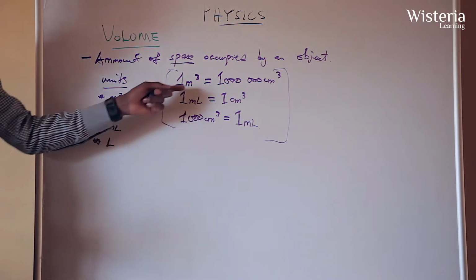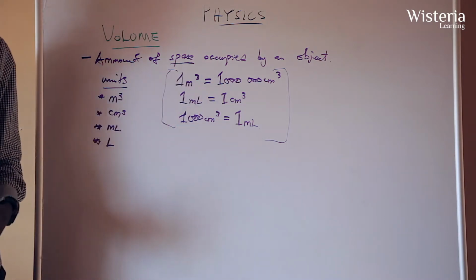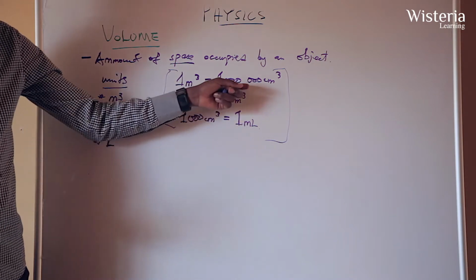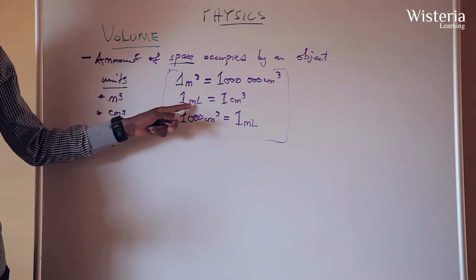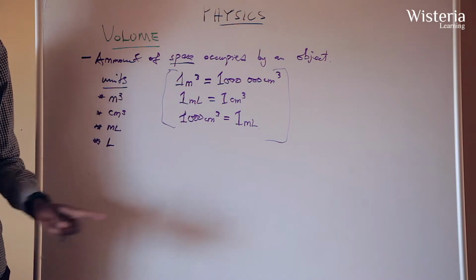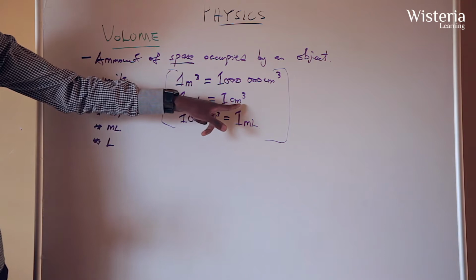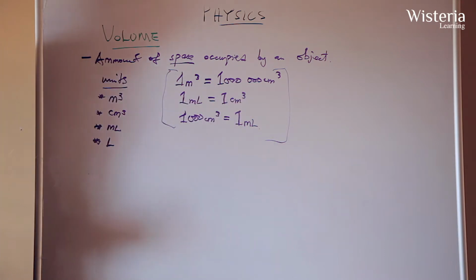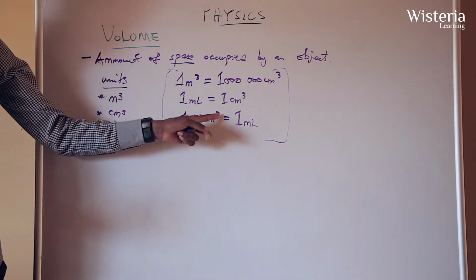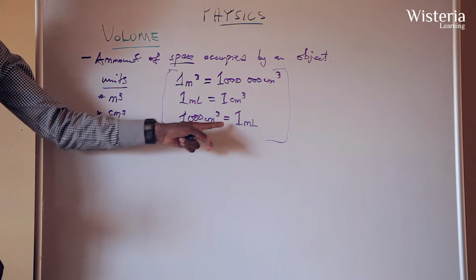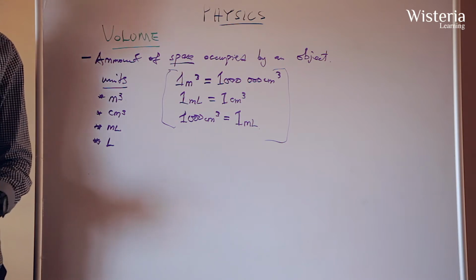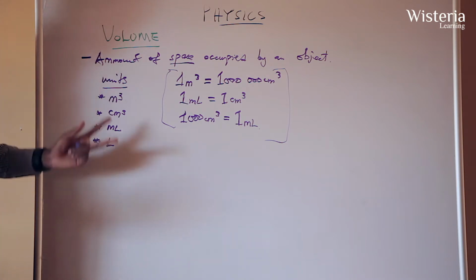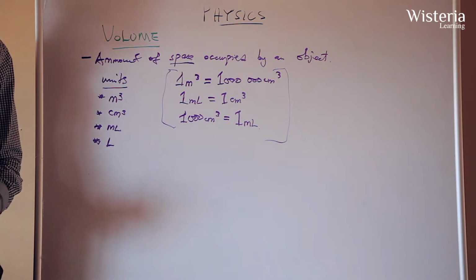We have 1 meter cubed equals 1 million cubic centimeters, and 1 milliliter is the same as 1 cubic centimeter, and 1000 cubic centimeters equal 1 liter. So we need to know how these units of volume are related to each other.